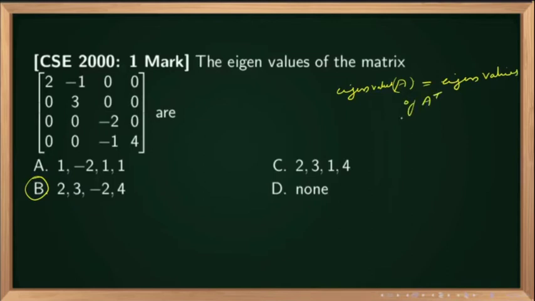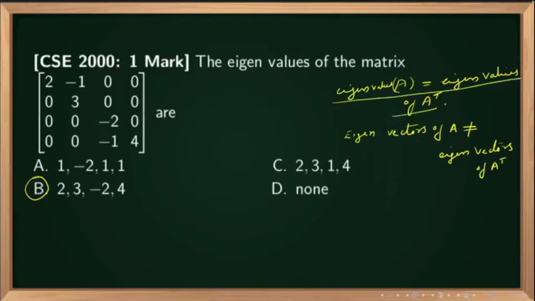Now this is not applicable for eigenvectors. You must remember this. Eigenvectors of A are not equal to eigenvectors of A transpose. That's an interesting property, but eigenvalues of A and eigenvalues of A transpose will be the same. That means if you know the eigenvalues of this matrix, the eigenvalues of A transpose will also be the same, but eigenvectors will not be the same.